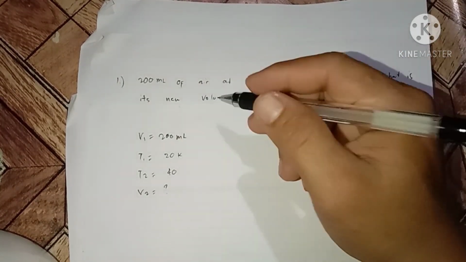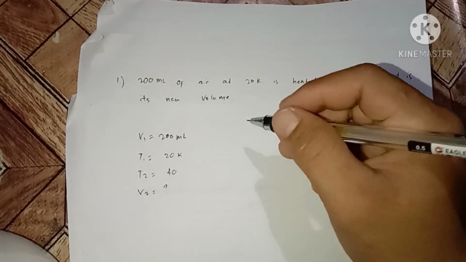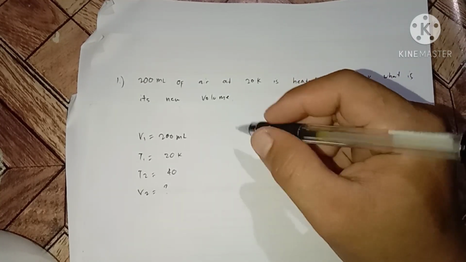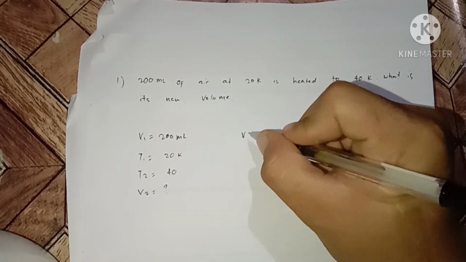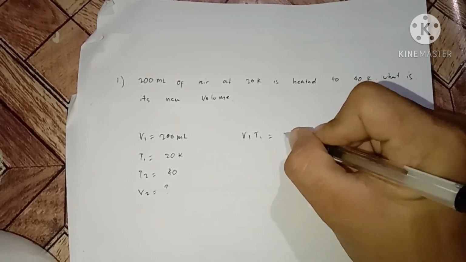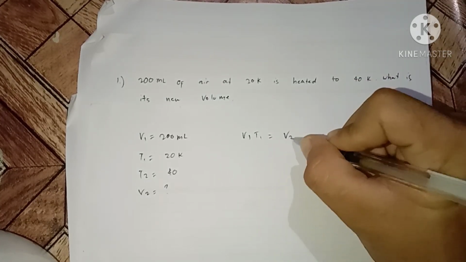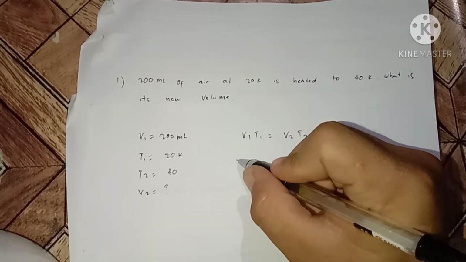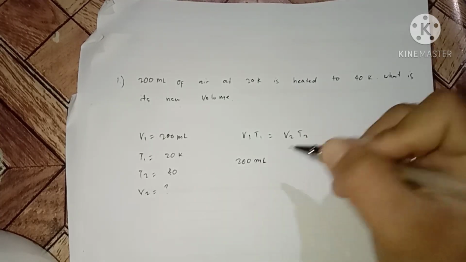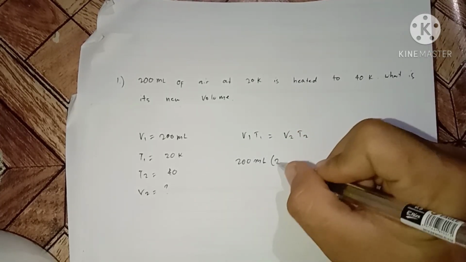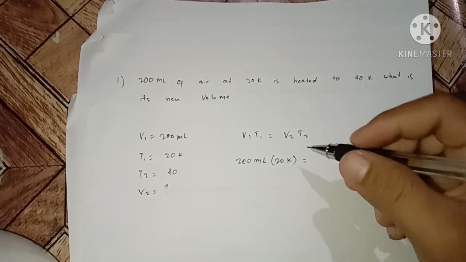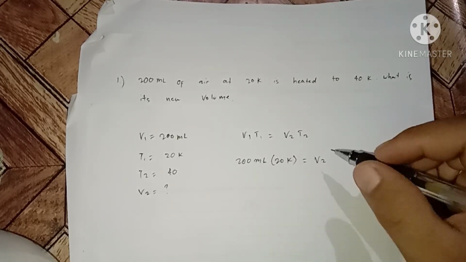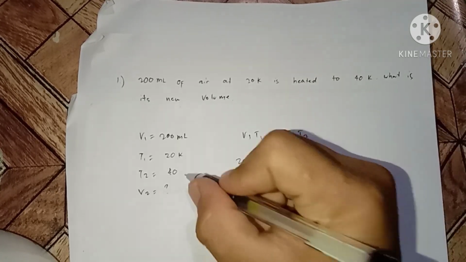To get the answer for volume 2, you need to use the formula of Charles's law: V1 times T2 equals V2 times T1. Since V1 is given as 200 ml, times T1 20 Kelvin, equals the missing V2 times the value of T2, 40 Kelvin.